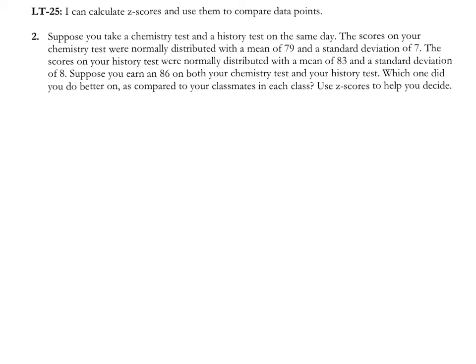So once again, I'm just going to copy down the information that I know to make sure I don't get the two tests confused. So for Chem, you had a mean of 79 and a standard deviation of 7.